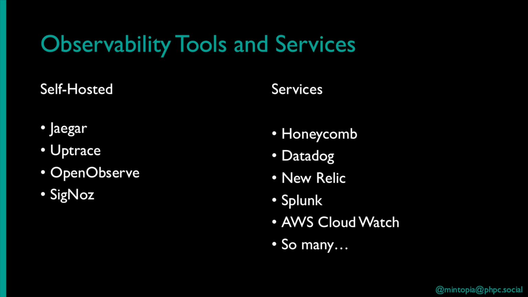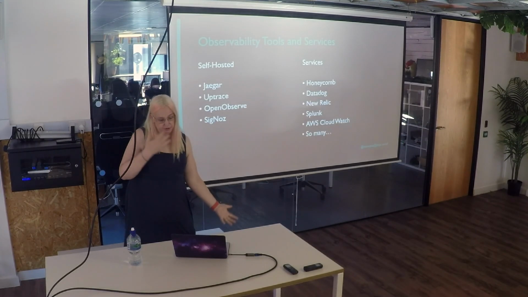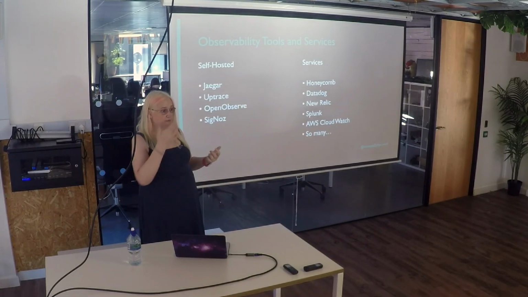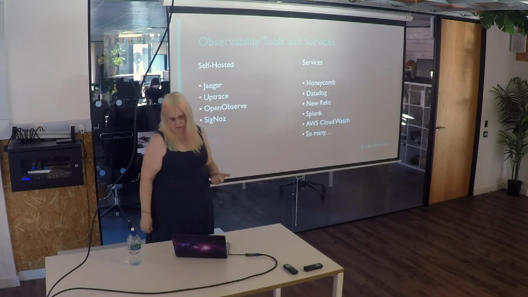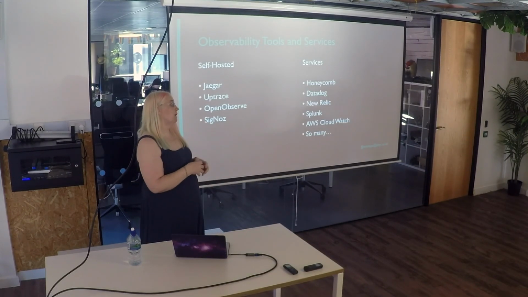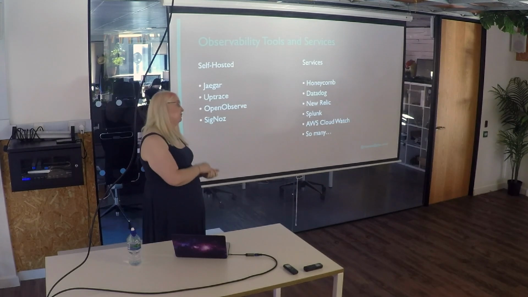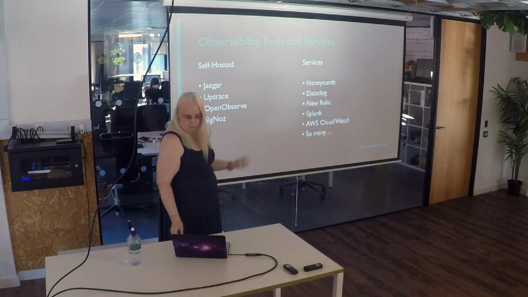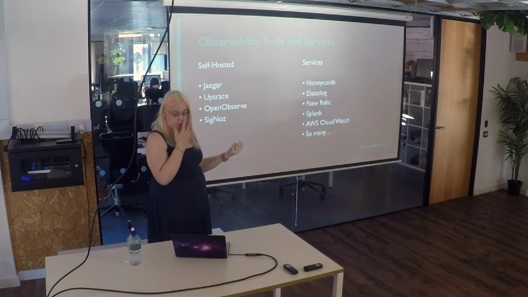So what tooling can you use for this? There are quite a few self-hosted options. Jaeger is great for traces and visualizing those, along with Zipkin. You've got full platforms like Uptrace, OpenObserve and SigNoz, which all provide all of this for you, and you can self-host them on your own. But there are also software-as-a-service options.